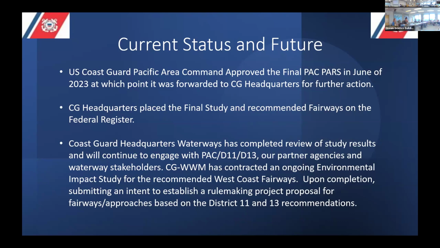So that EIS is currently ongoing, and we're awaiting the formal results of that. Once that is complete, the proposal for final rulemaking will be submitted to the Federal Register. And it'll go through another public comment period, and then we'll be standing by to review and determine if the Coast Guard is able to formally incorporate those into the Federal Register and place them on NOAA charts and such.